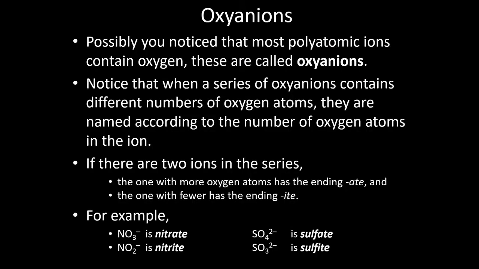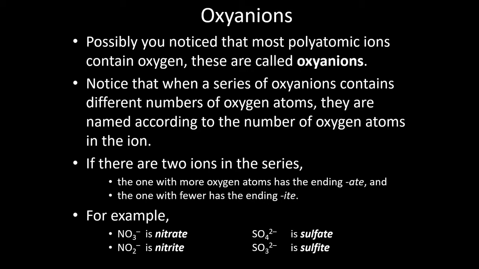And this is something that's very common. And because it's so common, we actually give them a special name. These are what we call oxyanions. So oxyanions are polyatomic ions that have oxygen in them.